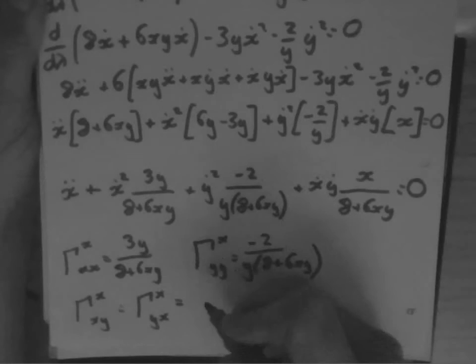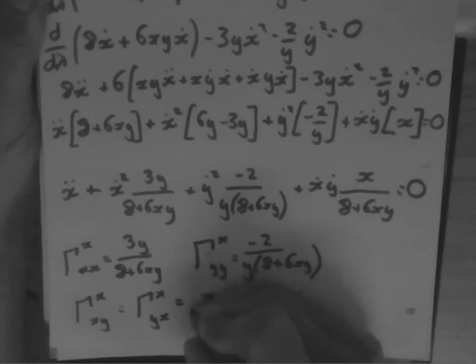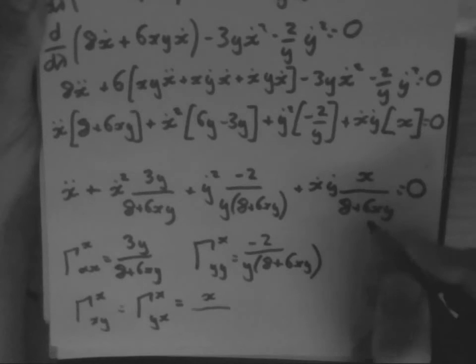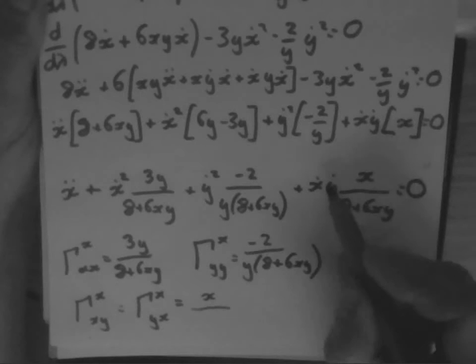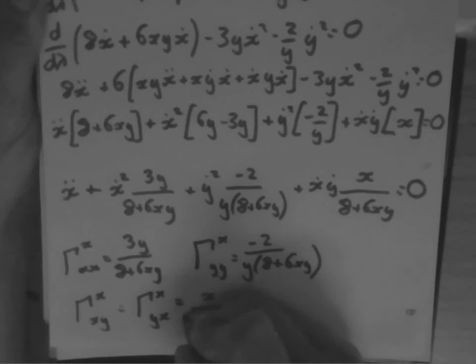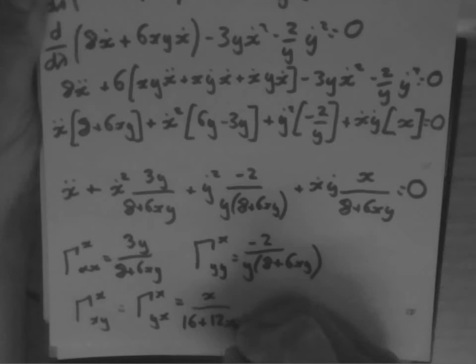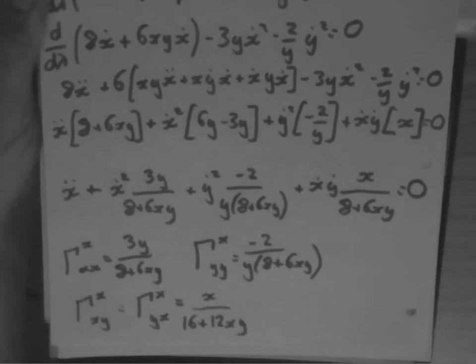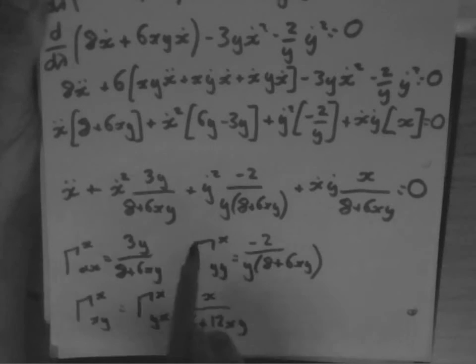So this is actually going to end up being x divided by, dividing this thing by 2, so half of this is going to be 16 plus 12xy because of each of those terms. Okay, so now we have our 1, 2, 3, 4 Christoffel symbols for the gamma x's.